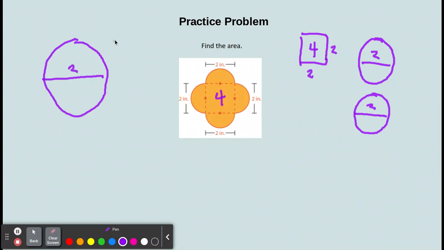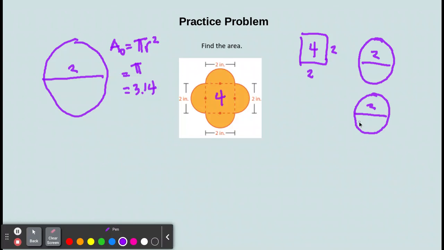Now remember, what's the area of a circle? It is pi r squared, so we need to find what r is. What's half of 2? r is 1. So the area of this circle is pi times 1 squared. 1 times 1 is 1, so the area of the circle is just pi.